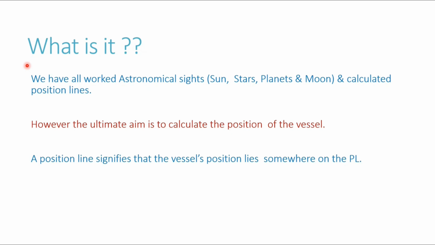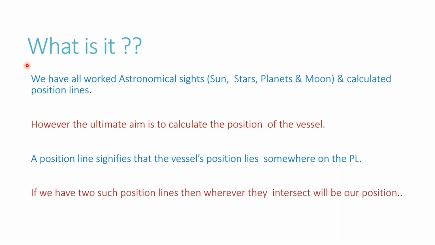It does not tell us where the vessel is right now. The position line could be running in dangerous waters, it could be running in safe waters also. So just knowing a single position line does not help the navigator much. What we are ultimately interested in is getting the position of the vessel, or getting a fix.